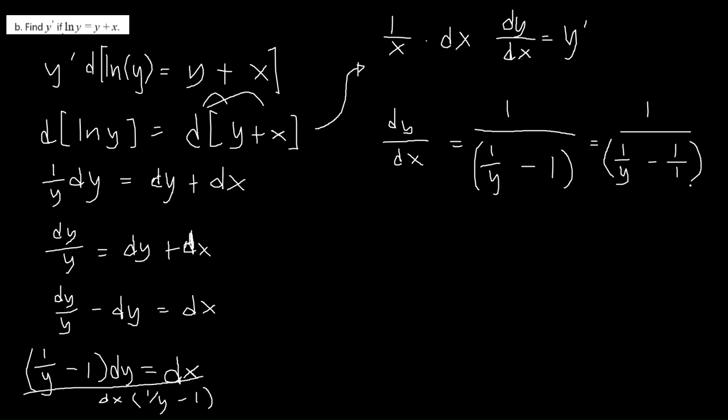Then we can just cross multiply this out, so this becomes 1 over (1 minus y) over y.